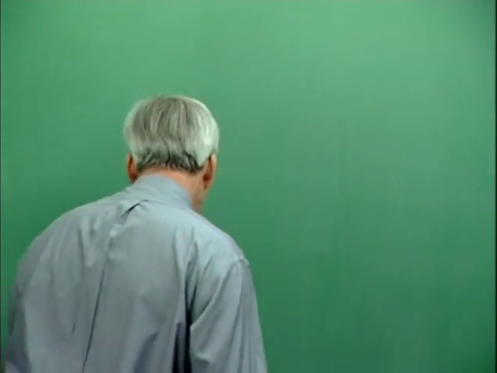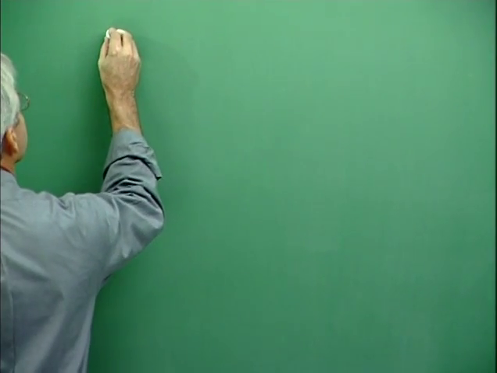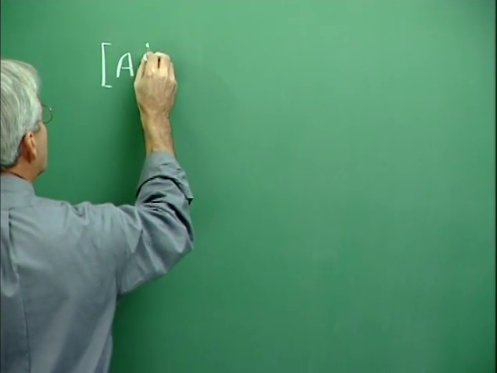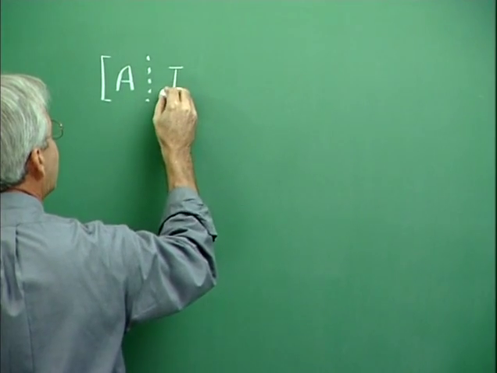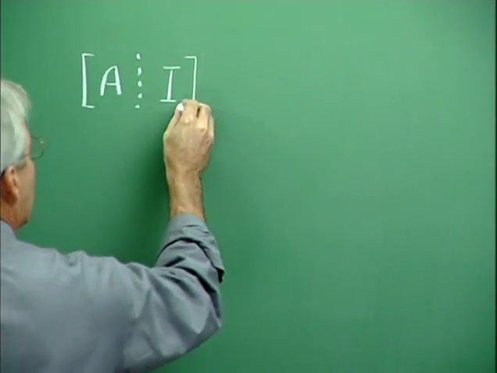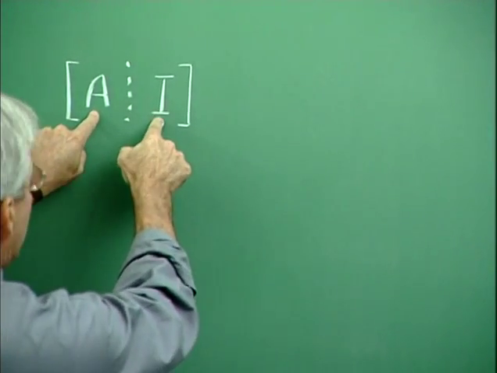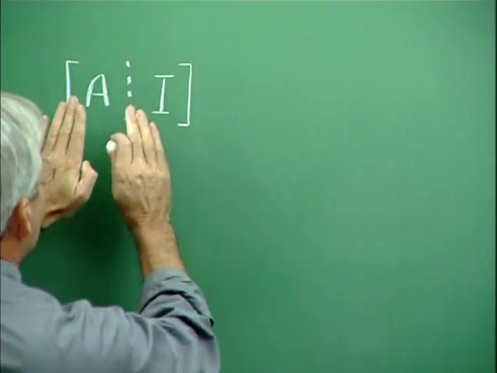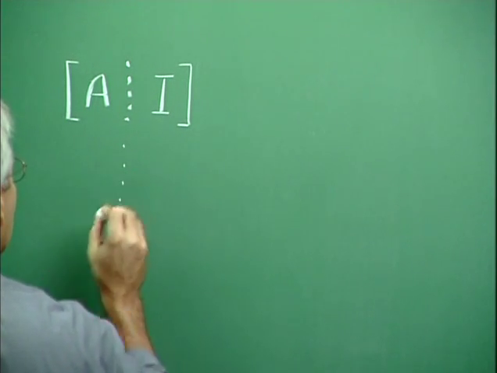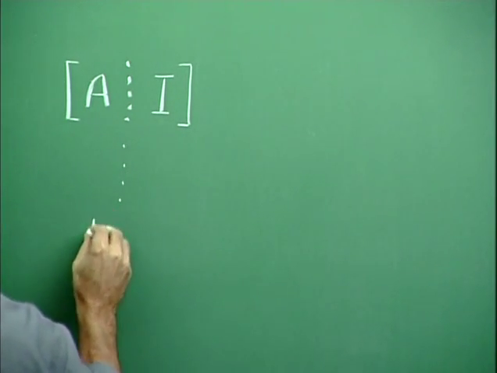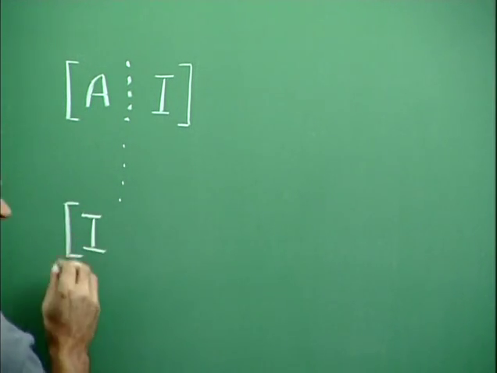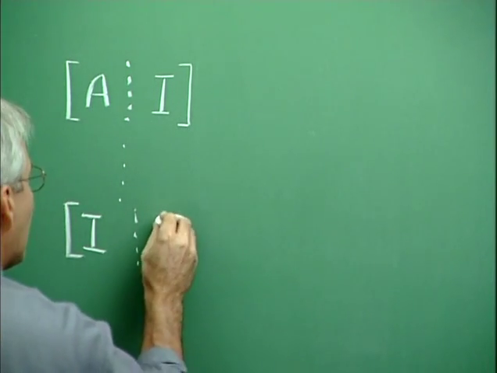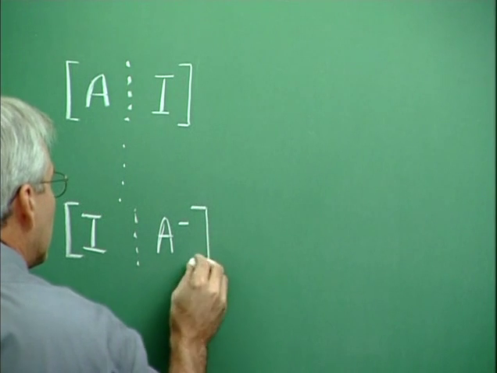It turns out that if you take the A matrix and then you join it with the identity matrix, these are just the entries in the A matrix, the entries in the identity matrix, and you manipulate this in a particular way so that you have the identity elements in this part of the matrix, then it'll turn out that over here you have A inverse. You see?